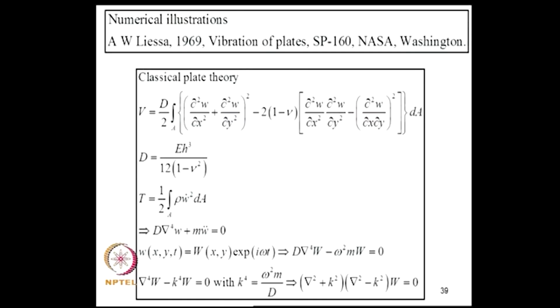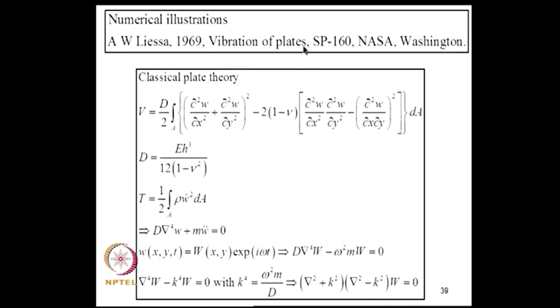There is a monograph by Arthur W. Leissa, a NASA special publication on vibration of plates, and this monograph has several examples of results of free vibration analysis for various configurations of plates: circular, rectangular, triangular, quadrilateral, polygonal, etc. So, it is a catalog of solutions.